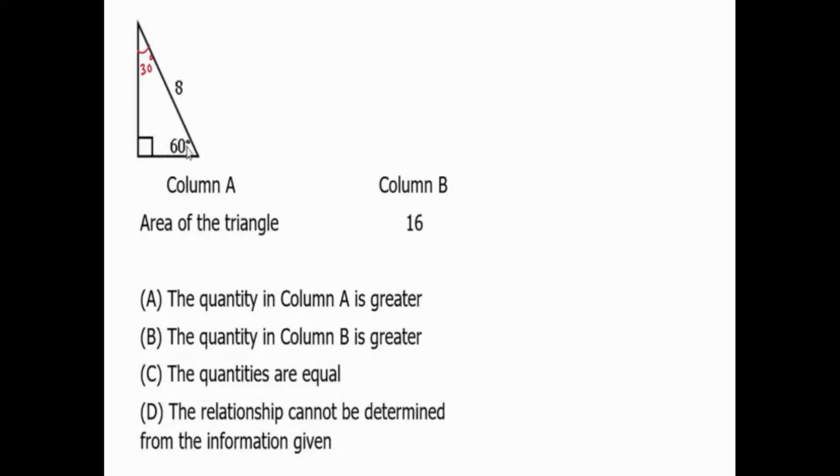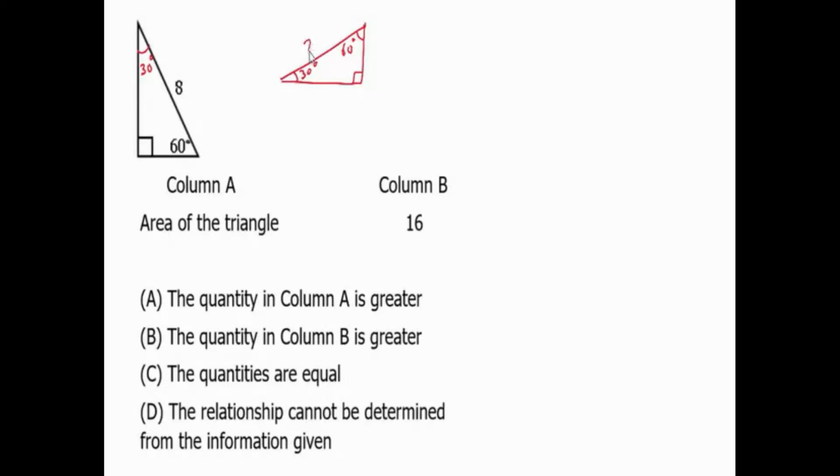And you must remember the relationship between the side lengths on a 30, 60, 90 triangle. Let's quickly review that relationship. Let's say we have a 30, 60, 90 triangle, this angle being 30 degrees and this angle being 60 degrees. And here's the right angle.